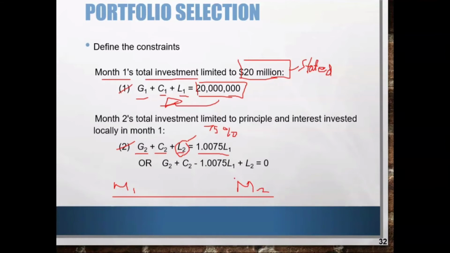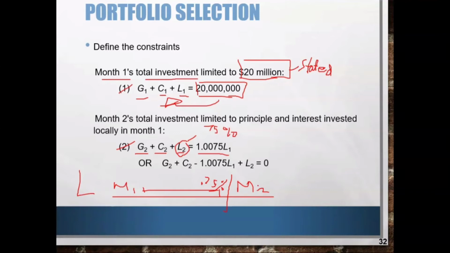At the end of month 1, the local investment earns 0.75%. So the money set aside has earned 0.75% in month 1 for local investment.